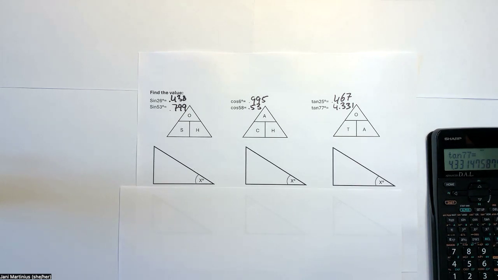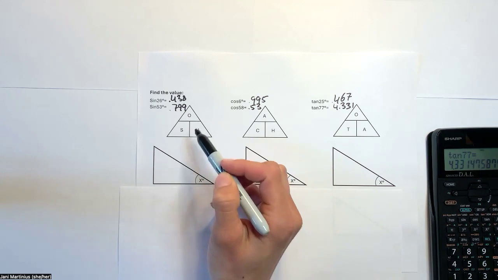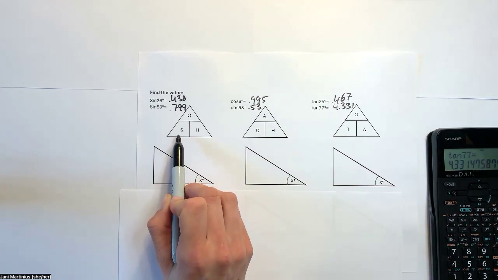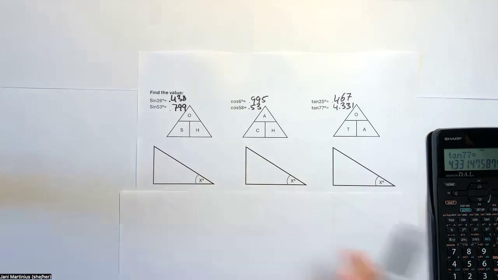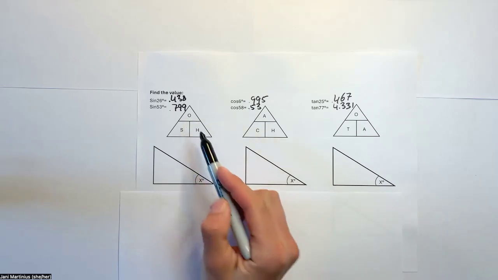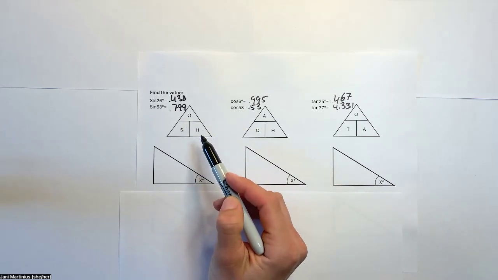Okay, so the SOHCAHTOA is what you've usually heard. The triangles are fantastic because they help us visualize things. Within the SO, we have the sine, so that'll be the angle of the triangle that we're working with. We have an opposite side and a hypotenuse.